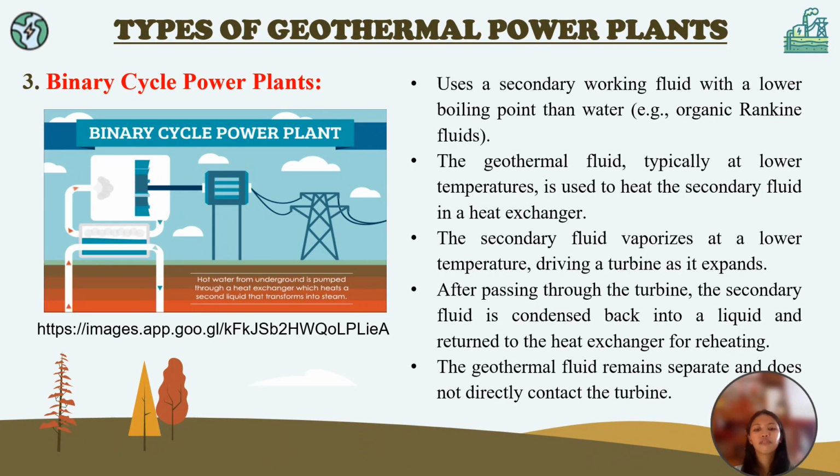This secondary fluid vaporizes at a lower temperature, driving a turbine as it expands. Then after passing through the turbine, the secondary fluid is condensed back into a liquid and returned to the heat exchanger for reheating. The geothermal fluid remains separate and does not directly contact the turbine.